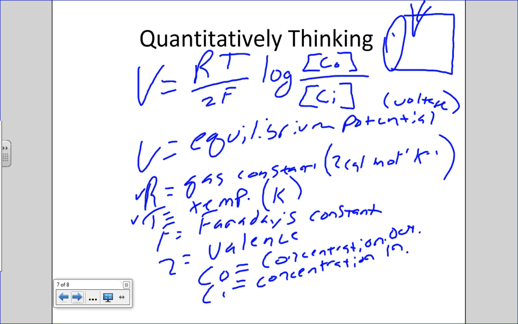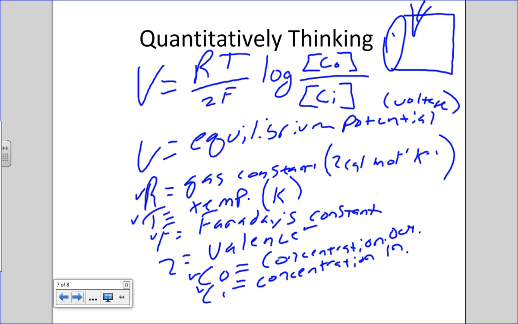Temperature is important because it affects rates of diffusion and the amount of the ions across the cell membrane. Faraday's constant plays into the electrical aspects, and I'm not going to get too in depth with that. The valence is the charge of the ion, and then we have to be able to measure the concentrations inside and outside of the cell. Now, measuring the concentration of potassium within the cell is not that easy. There are ways we can do this.